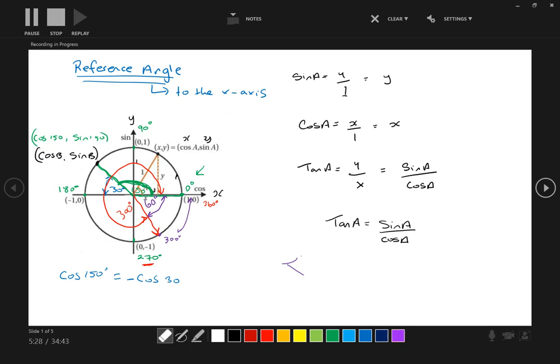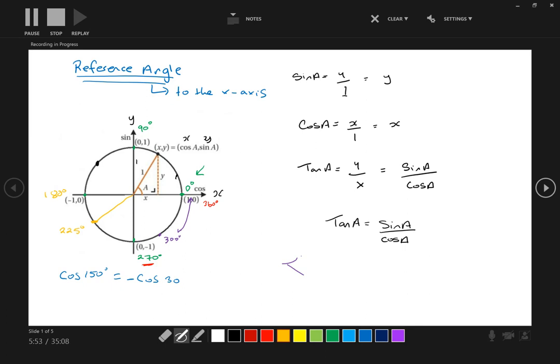I'll rub a bit of this out just to give us a bit more clarity. If I look at a reference angle, let's say I'm going to look at this orange line in here now. We know this is 180 degrees. Let's look at the angle here, and let's say it's 225 degrees.